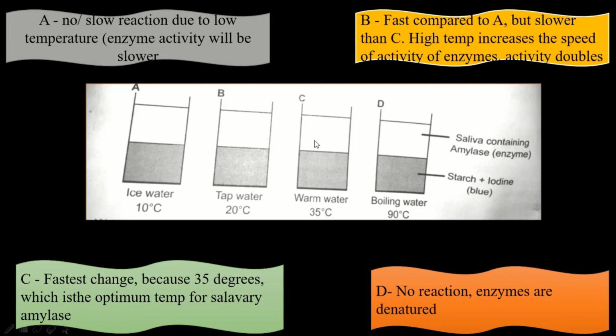They are digesting starch, and because they are digesting starch, our solution will change from blue to yellowish. That is to show that these enzymes have digested starch, which is a positive response.